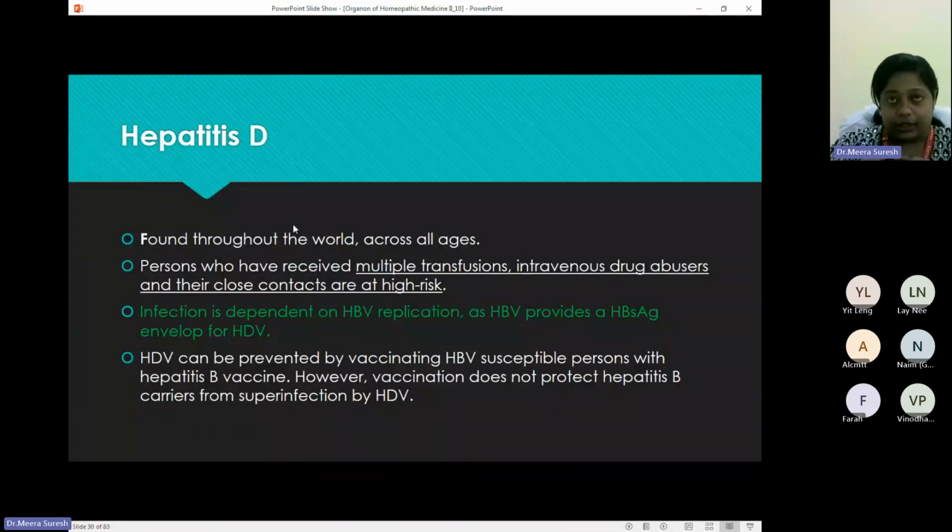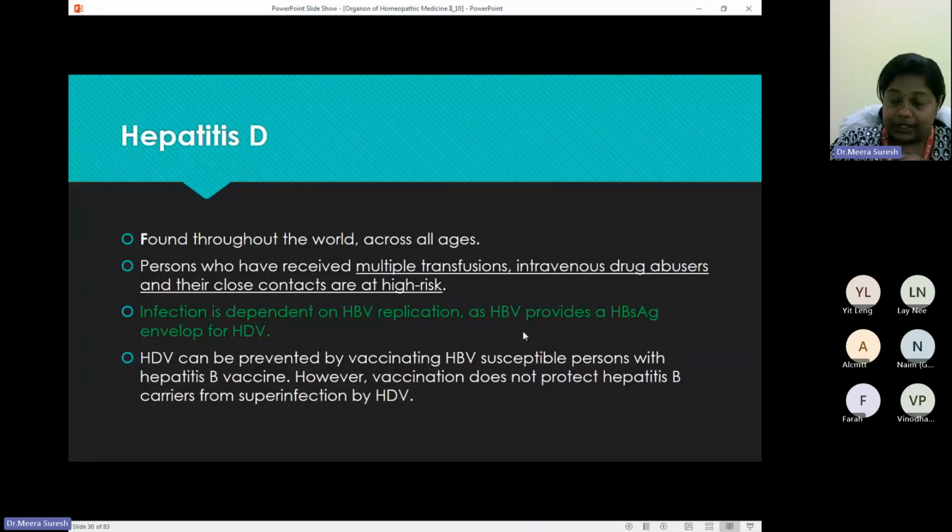It doesn't have that ability because when hepatitis D enters a person's body, for its multiplication it needs an envelope, and that envelope can be given only by HBV. So if a person is exposed to hepatitis D virus, mostly it cannot cause anything.